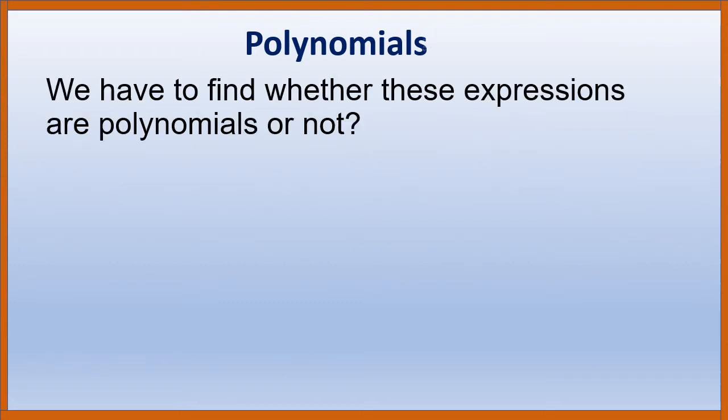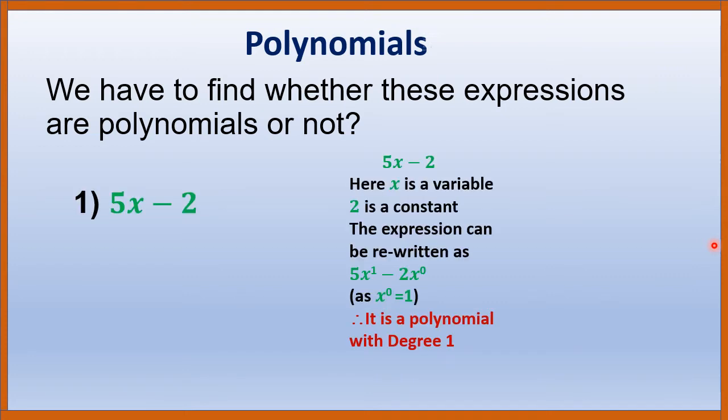Look at these examples. We have to find whether these expressions are polynomials or not. Now look at the first example, 5x minus 2. In this expression, the variable is x and it has power 1, right? And the constant is 2, which can be written as 2 into x raised to 0.